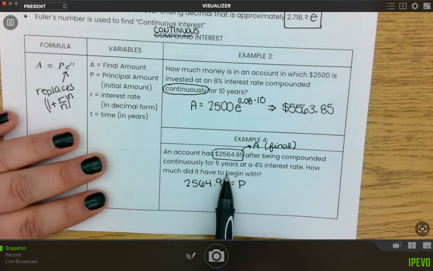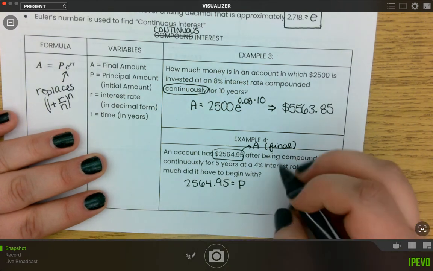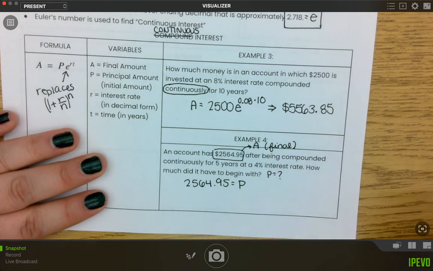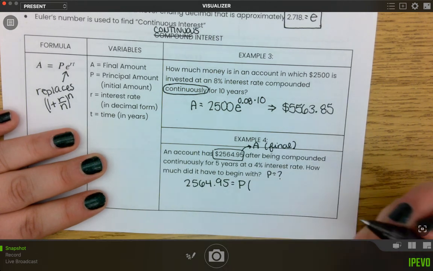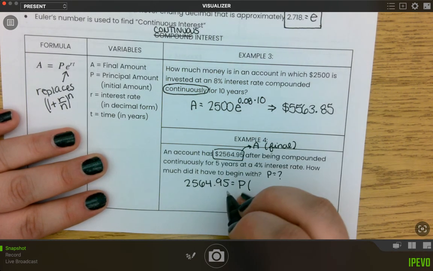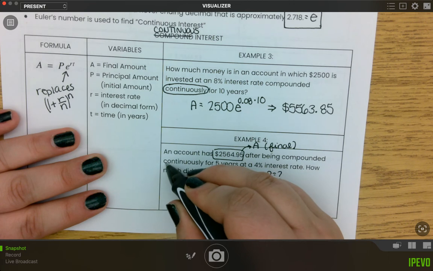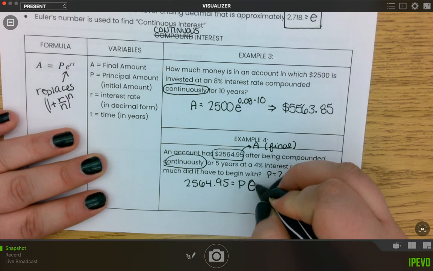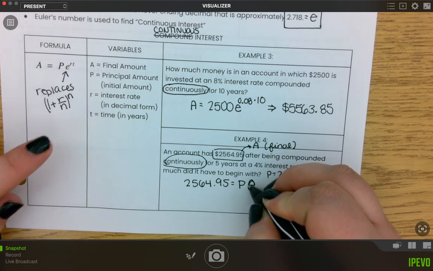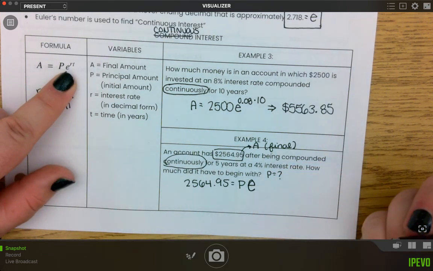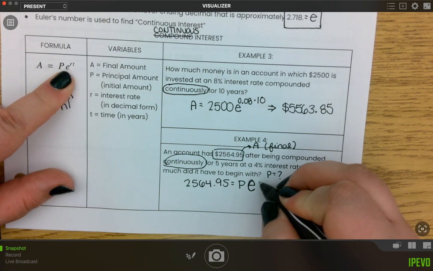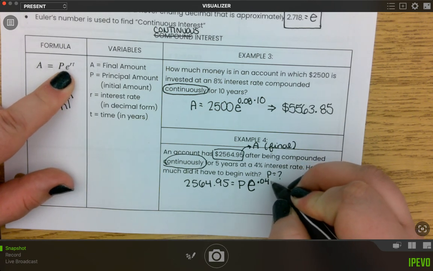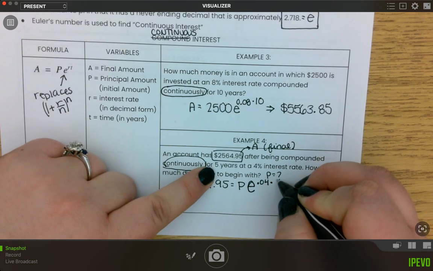That is the question it's asking us. So P equals question mark right now. But we do know that this is compounded continuously, so that's where we put the e next instead of the parentheses. And then we're going to go with the rate times time as the exponent: 4% times 5 years.